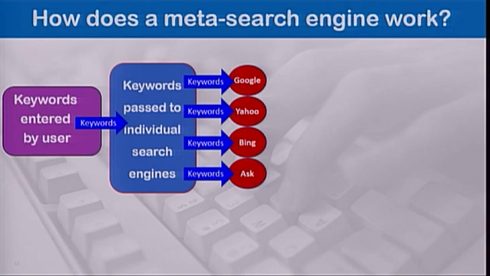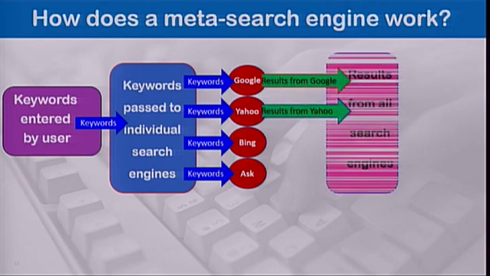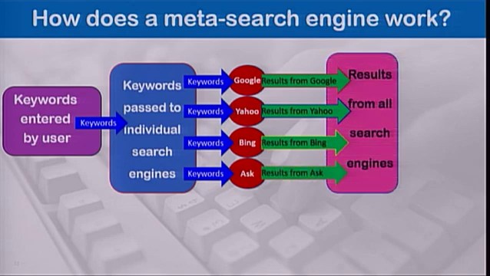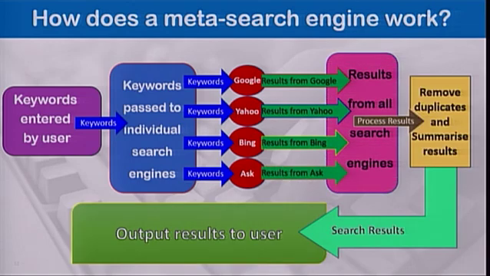Each of the individual search engines return results according to their own rules. The meta search engine processes all the search results by removing duplicates and summarizing them. Finally, a summary of results is output to the user.